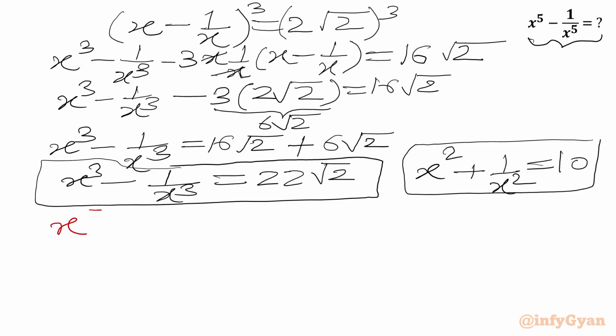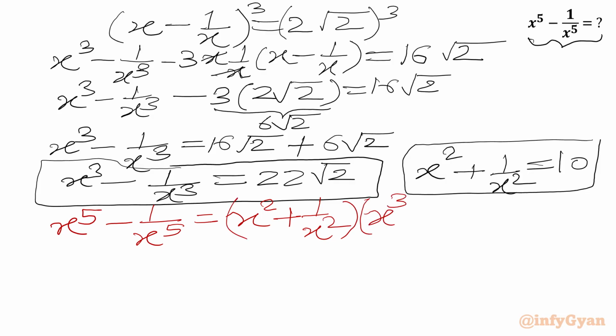We will write x power 5 minus 1 over x power 5. This will be equal to x square plus 1 over x square times x cube minus 1 over x cube minus of x minus 1 over x.